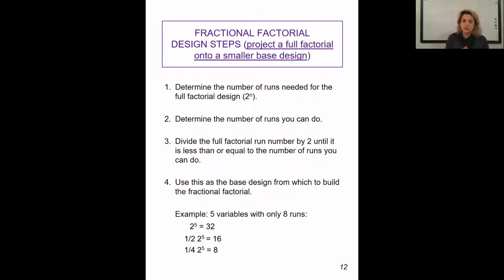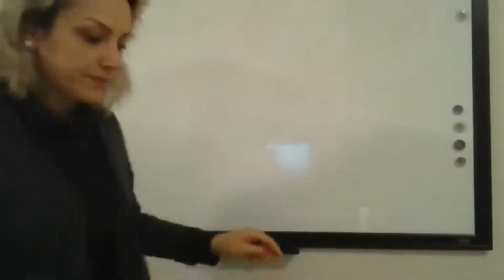So what are we going to do? I can write it down on the board. Let me show you. Let's look at the board. So we said that we have 5 factors.